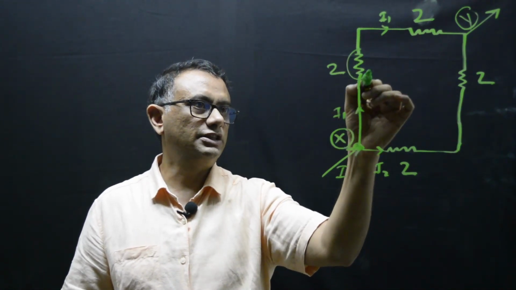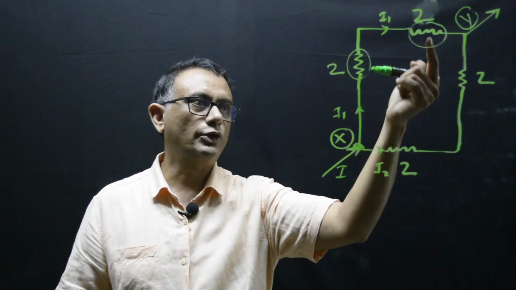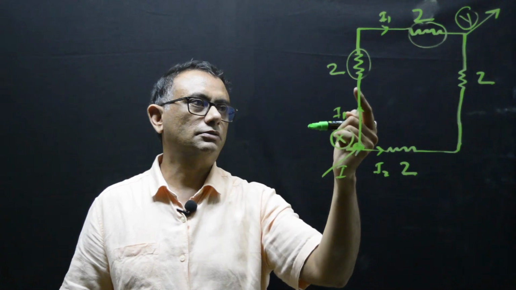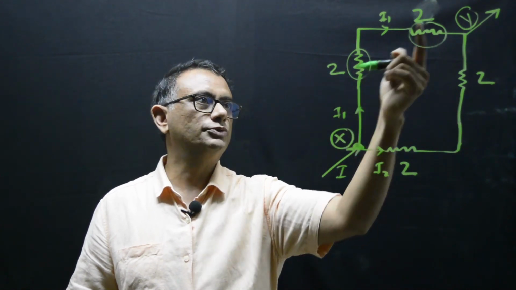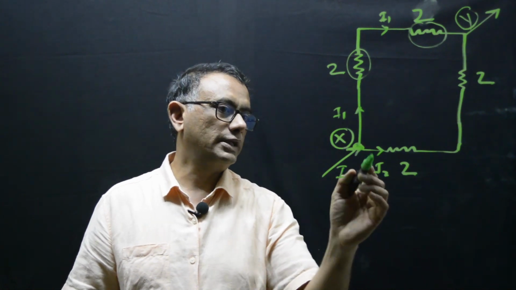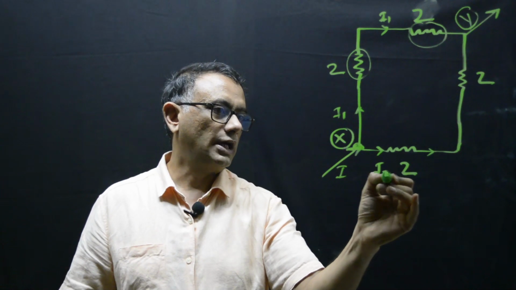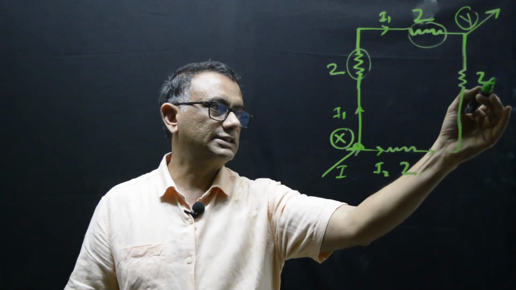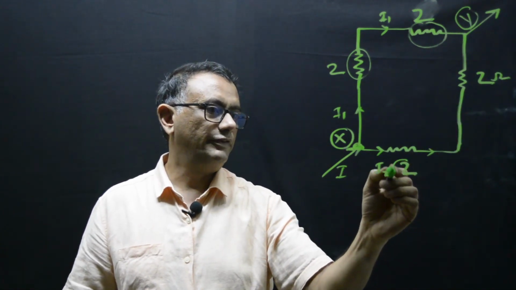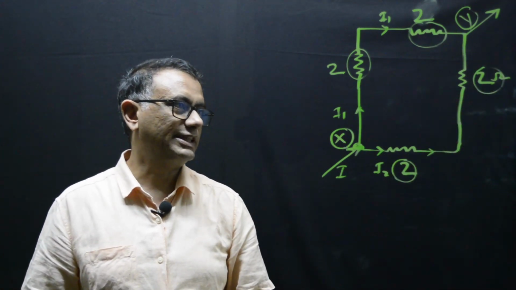That means this resistance and this resistance, because the same current is flowing through them, are in series. So these two 2 ohm resistances are in series. And then when you look at this current I2 flowing through this branch, I2 is also flowing through this resistance. So we can assume that these two are once again in series.